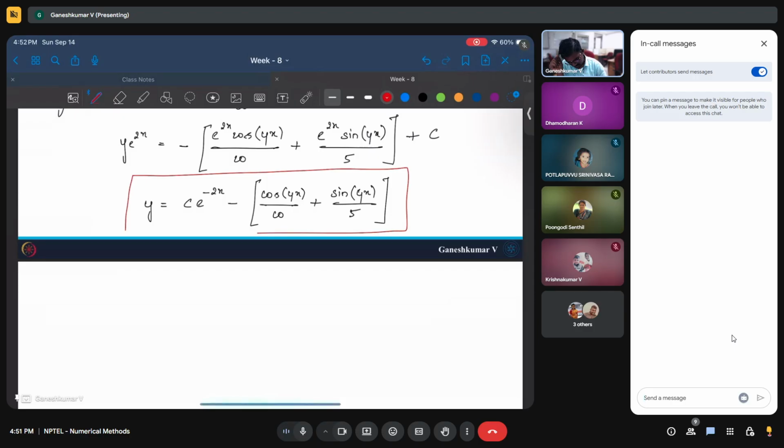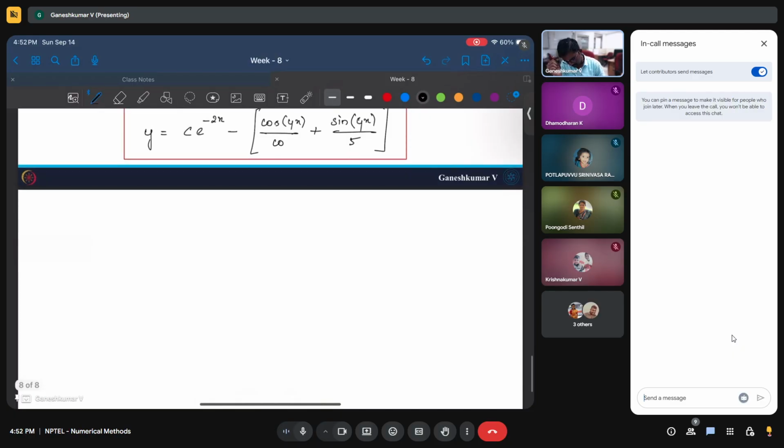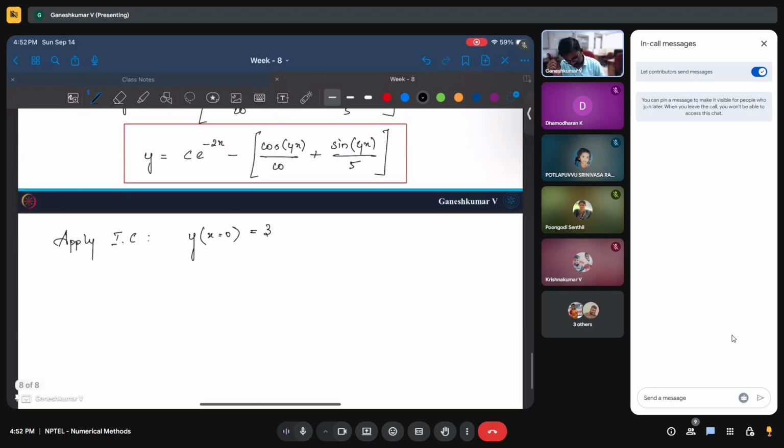So this is your general solution. We need to know c. What we will do is apply the initial condition, where y at x equal to 0 is 3. What happens?